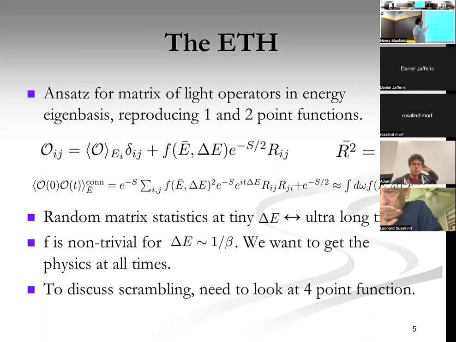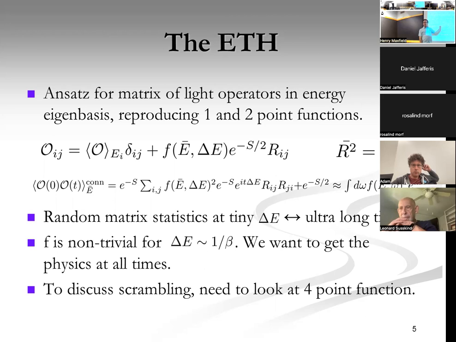And so from this, you can compute the connected 2-point correlator. It's easiest to do in the microcanonical ensemble, but you can just Laplace transform it to get the canonical ensemble. And there's an overall e to the minus S, which is just the 1 over trace of 1 in the microcanonical window. So that's the normalization of the correlator.